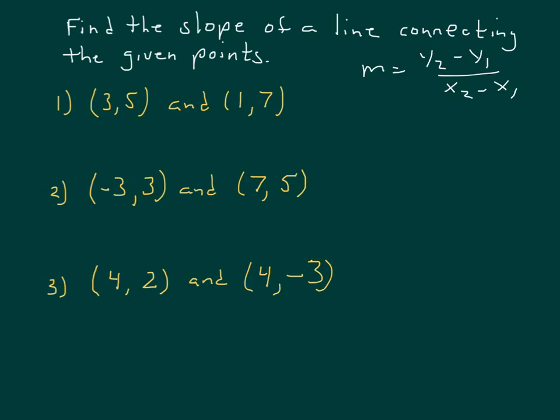So the slope is m equals 7 minus 5 over 1 minus 3, which gives me positive 2 over negative 2, so that slope would be negative 1.